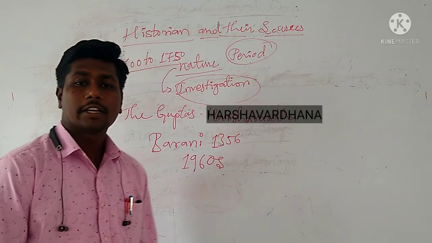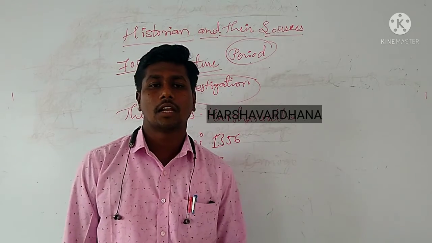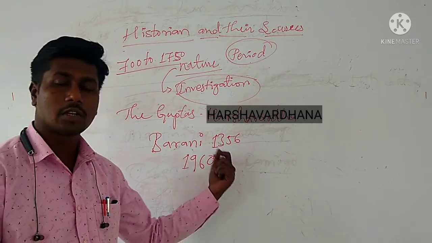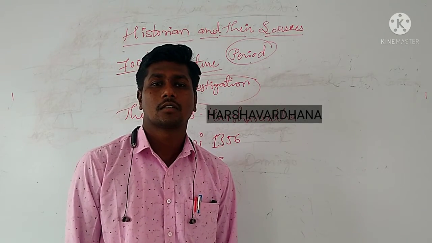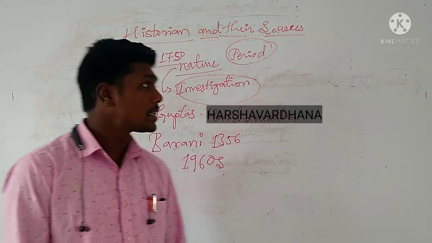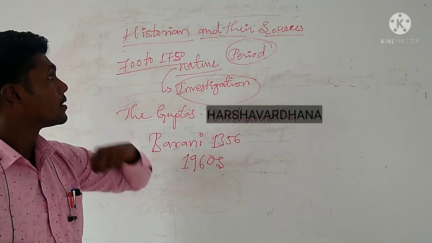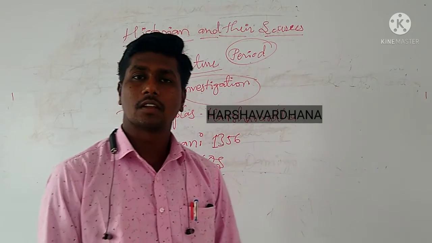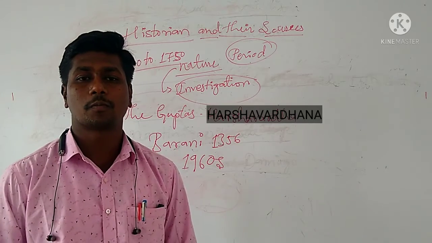So it remained lost only in large library collections. So this is what we say about historians and their sources, which means various sources are used, but the sources used are different from period to period.